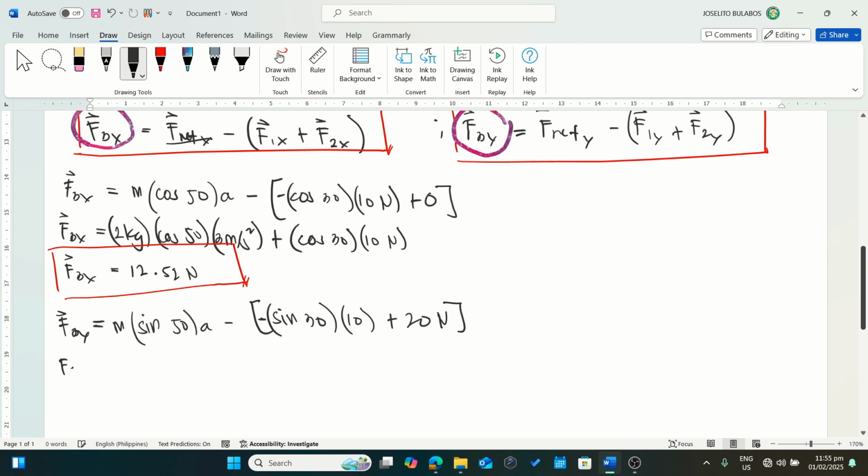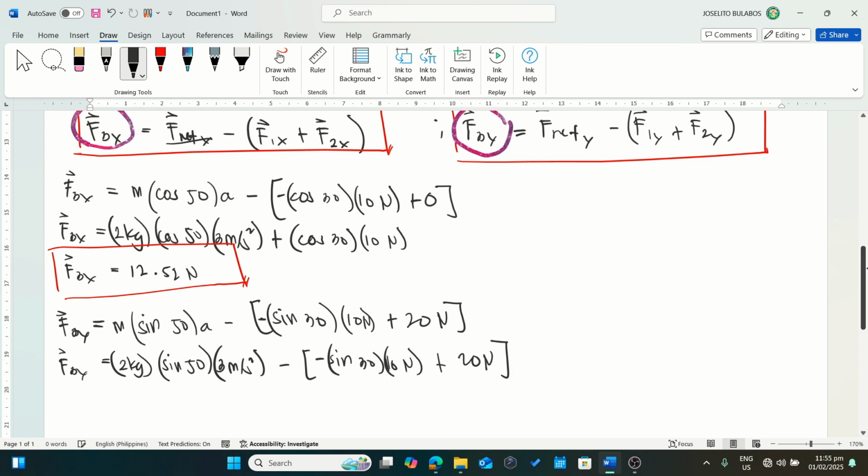So let us further continue substituting. We have here 2 kilograms sine 50 times 3 meter per second squared. Okay, so that's negative, negative sine 30 times 10 Newton, plus 20 Newton.